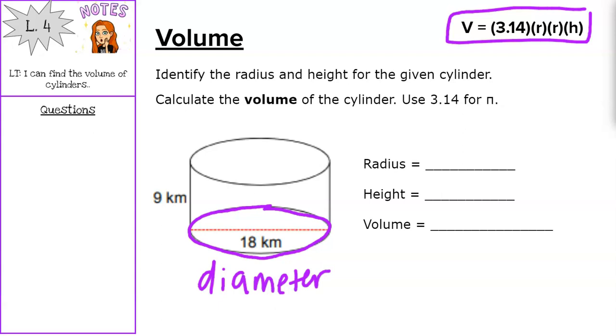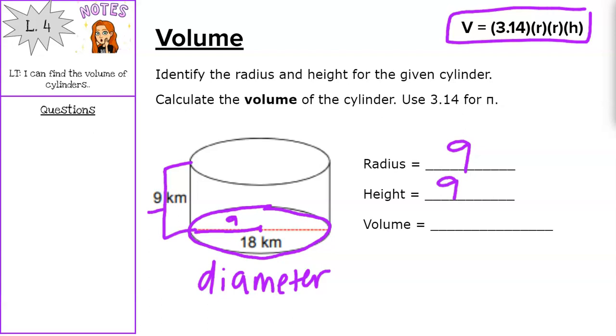Since we have the diameter, we can figure out the radius by dividing that by 2, and we get 9. So our radius would be this piece right here, which would just be 9. And then that height is the distance between the two circles, so our height is 9.